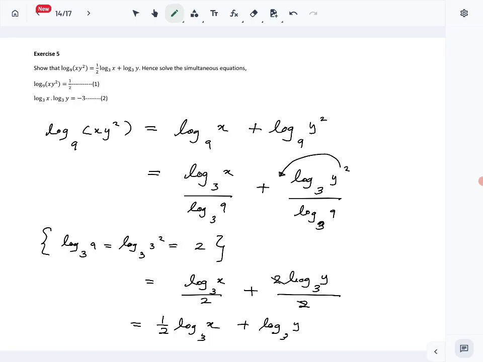Okay, then using that we have to solve this simultaneous set of equations. So then I can convert the first equation into what? Half log base 3 of x plus log base 3 of y equals half. So that is the new first equation.